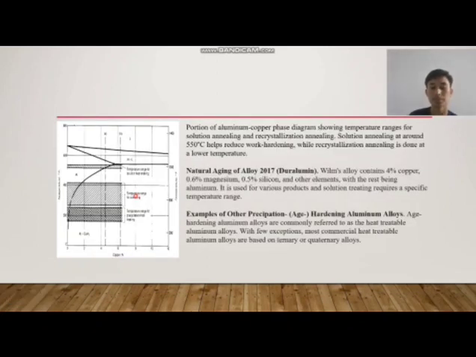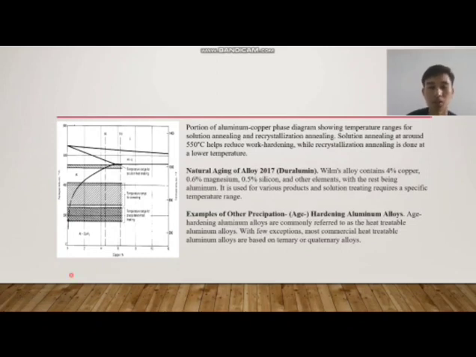Next, portion of aluminium-copper phase diagram showing temperature range for solution annealing and recrystallization annealing. Solution annealing at around 550 degrees Celsius helps reduce work hardening, while recrystallization annealing is done at lower temperature.